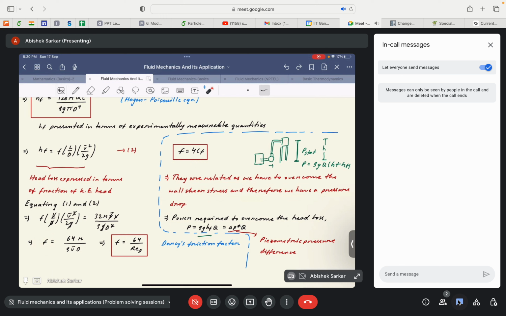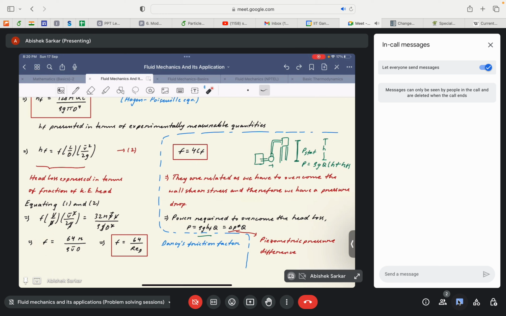These pumps are used to supply hydraulic energy to the fluid to overcome these shear stresses, and thus the power required to overcome these head loss or shear stresses is represented as power equal to del P star into Q, where del P star is equal to rho g HF, right? And here I need to emphasize that del P star is not only the pressure difference, but it is actually the piezometric pressure difference.